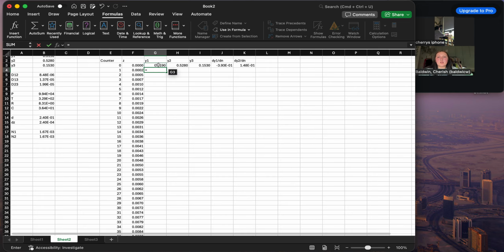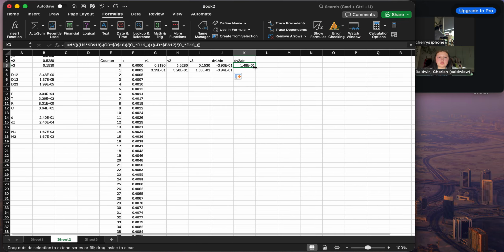So it's where you came from plus that times the step, and it's the same for y2, where you came from, plus the diffusion coefficient times the step, and then for air it's equal to 1 minus all of the others, acetone and methanol.